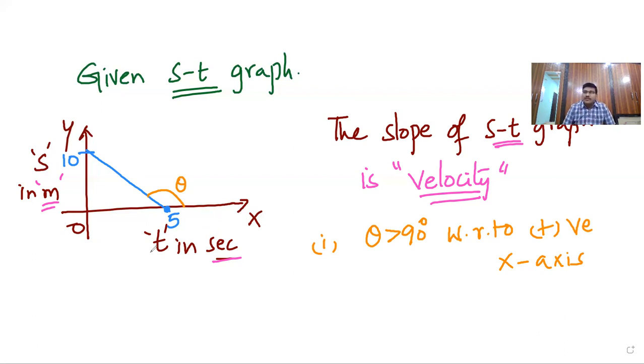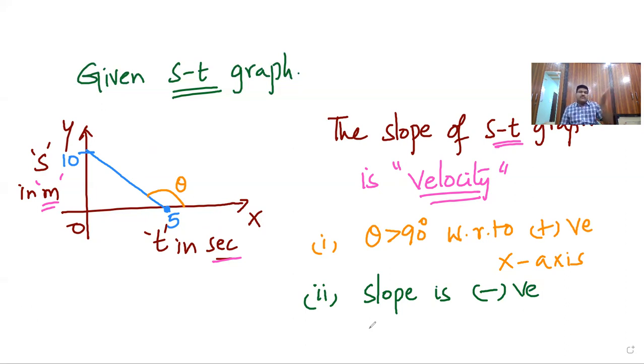Whenever theta is more than 90, slope is tan theta. If theta is more than 90, tan theta is always negative. That means the slope is negative. In the previous class, we have seen that for a falling line, the slope is always negative. The second conclusion is slope is negative.